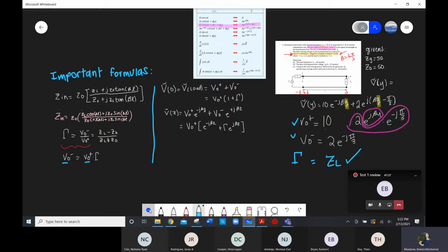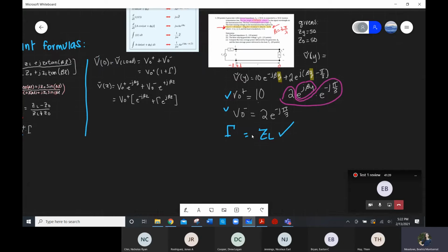And I'm not going to go through that. You guys will do it, and I'm just going to give you the answer of what ZL is. So just plug it in your calculator until you get the right answer. So ZL.